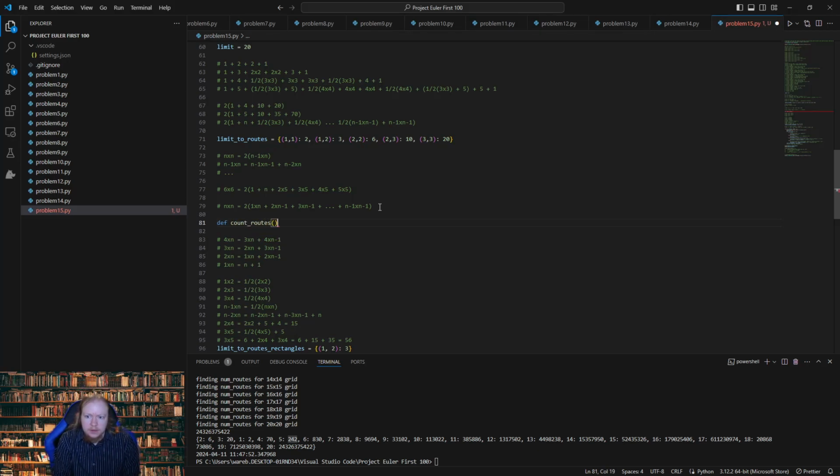So, count routes. Let's take in a num. Actually, just take in an n, it's fine. I think we reuse that variable name elsewhere, but we're probably going to be deleting some code. So, it does not matter. Okay, so, count routes. We come in with an n.